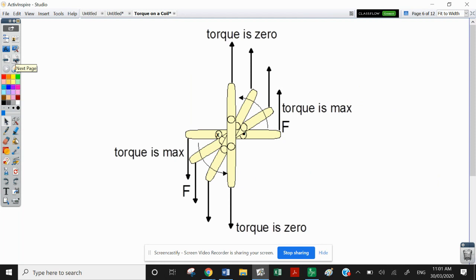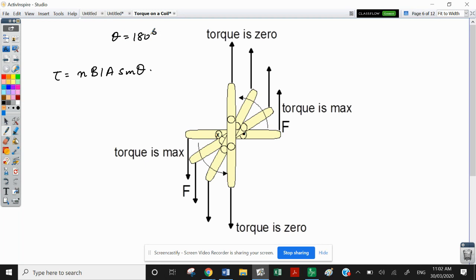So torque is equal to NBIA sine theta. And we want the torque to be 0 at theta equaling 180 degrees.